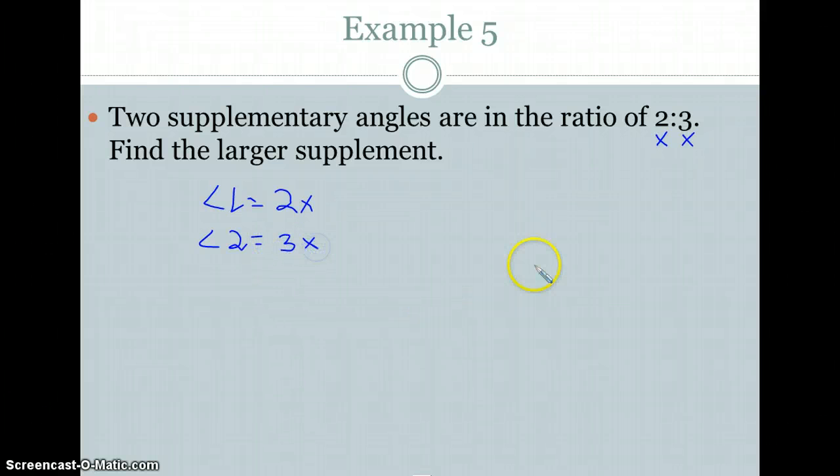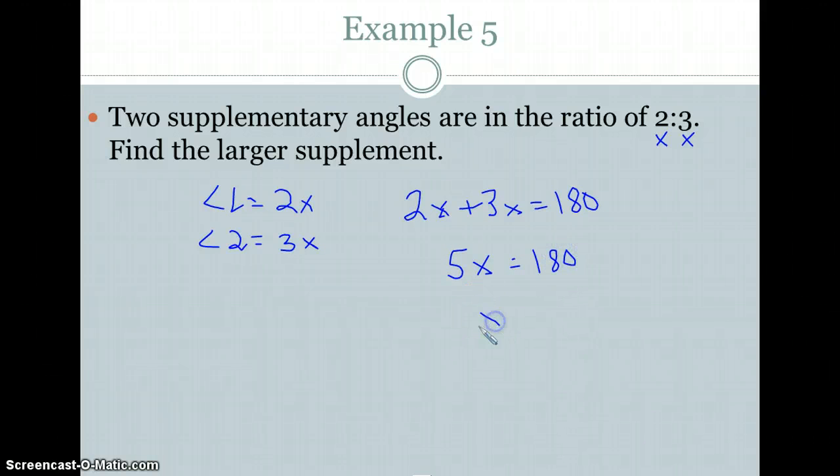And angle 2 is 3x. They're supplementary. That means I'm going to take them and add them up to 180. 2x and 3x is 5x. Divide by 5 and you end up getting 36.